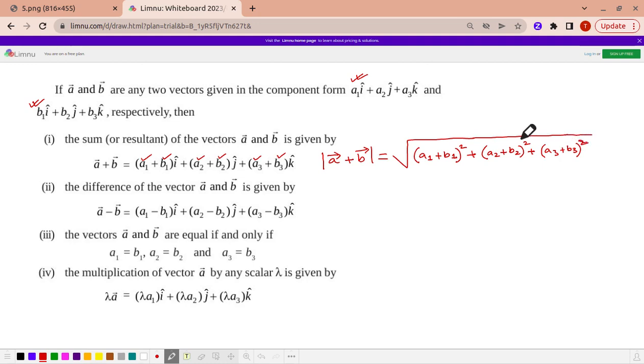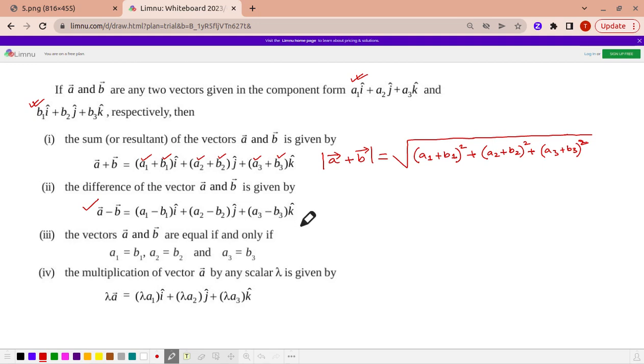Now the difference of the vectors a and b, symbolically represented by a minus b, is equal to (a1 minus b1) i cap plus (a2 minus b2) j cap plus (a3 minus b3) k cap.